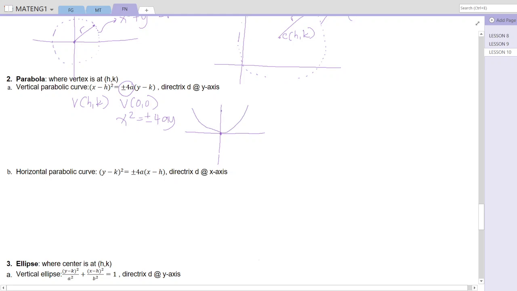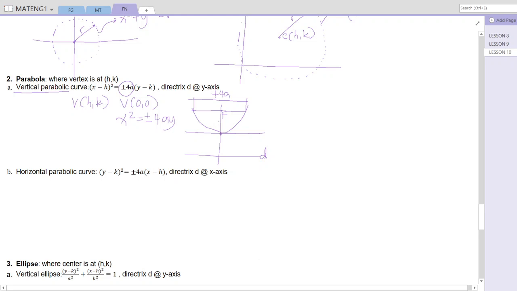This will be the focus, and this will be the distance of the latus rectum, positive 4a. So it opens upward if it is positive 4a and a vertical parabolic curve. And the directrix is along the y-axis, so that is the directrix.